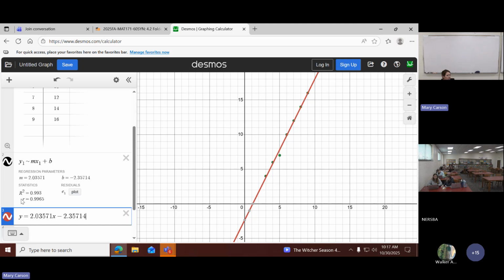The other thing to write down is R is equal to the correlation coefficient. I'll write that up here on the board if you guys need me to. Correlation coefficient. That's what the R value is. R value.